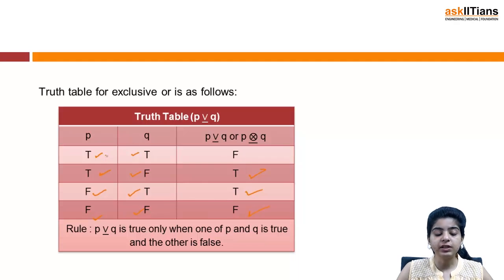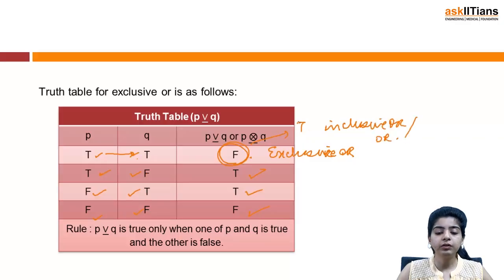Now consider this case. When both the things are true, the result would be false. This is the case of exclusive OR. And instead, if you would have had inclusive OR, simply OR, it would have been true.